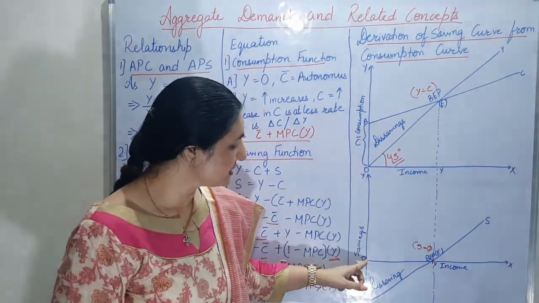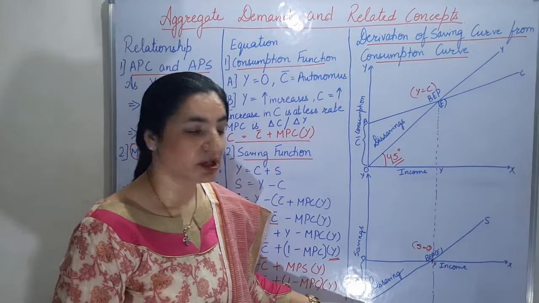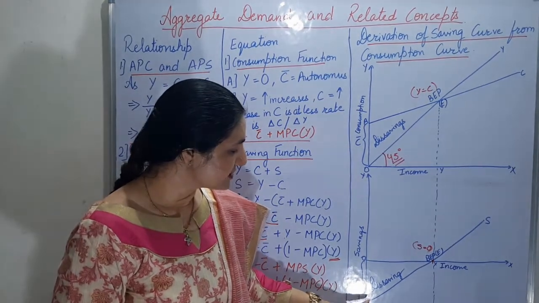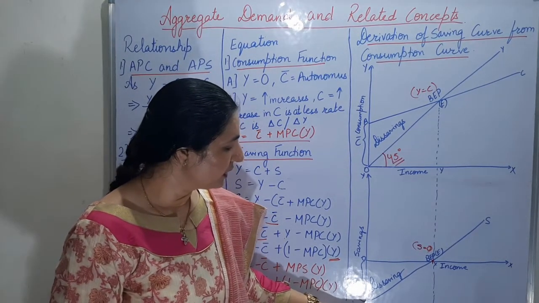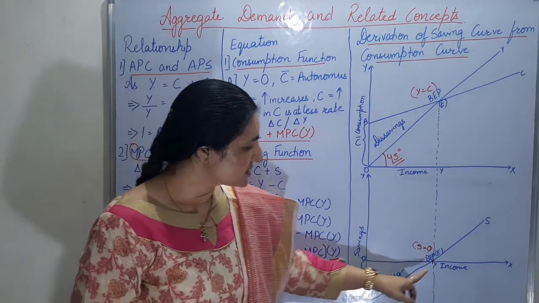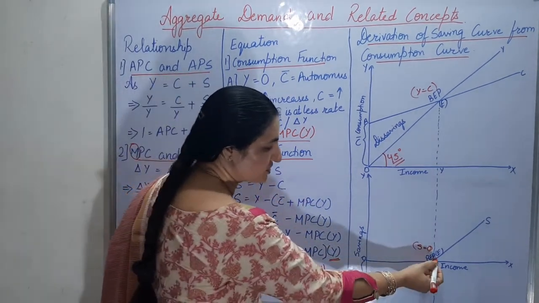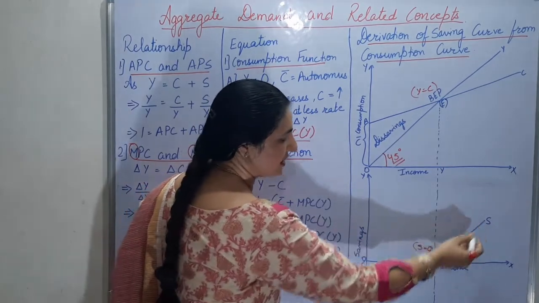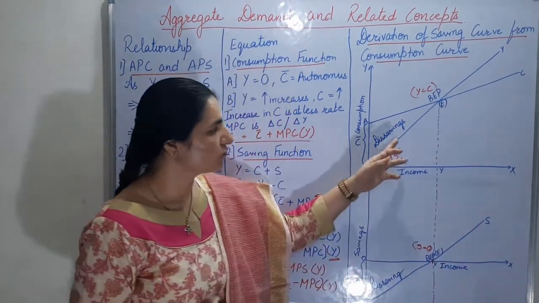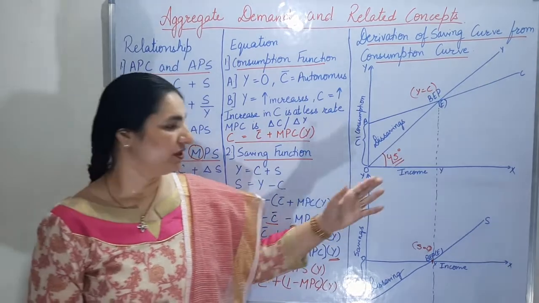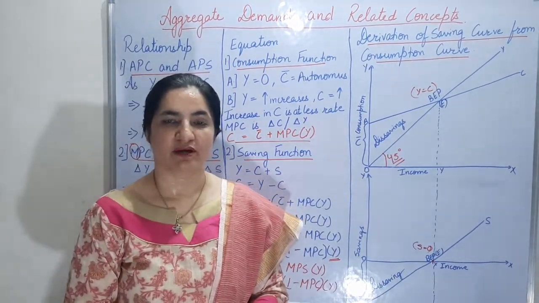This is the reason it comes below the origin, in the negative quadrant, and this point is to be matched, and we have to draw the saving line. In this way, from the consumption curve, we can derive the saving curve.